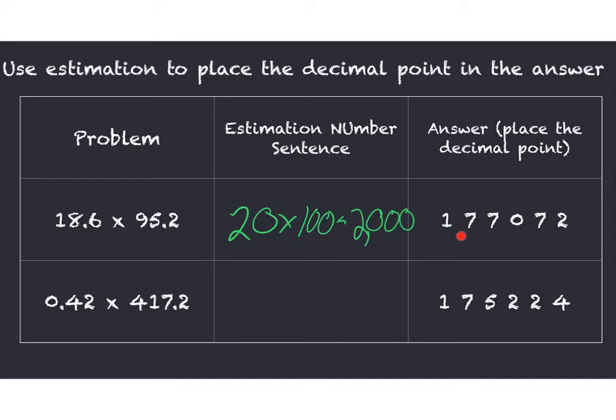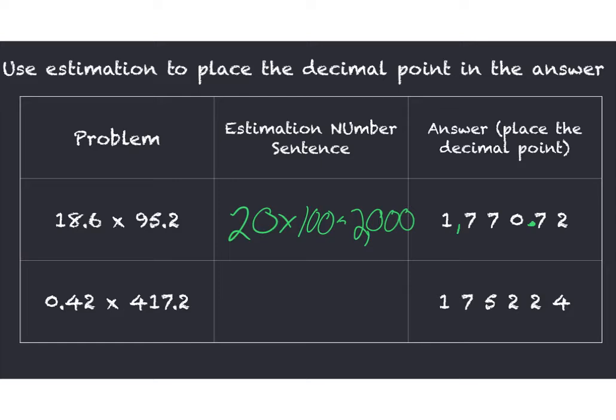So if I look over here, think to yourself, where can you put this decimal point so that this number is the closest to 2,000? Think about that. That's right. You would put the decimal point right here between the 0 and the 7. So our answer would be 1,770 and 72 hundredths.